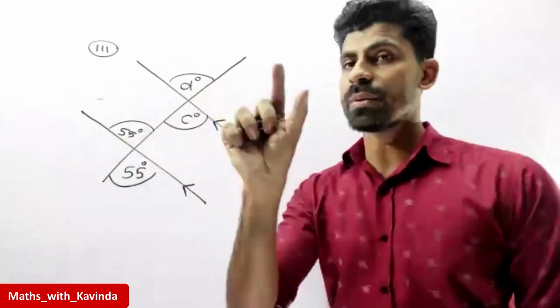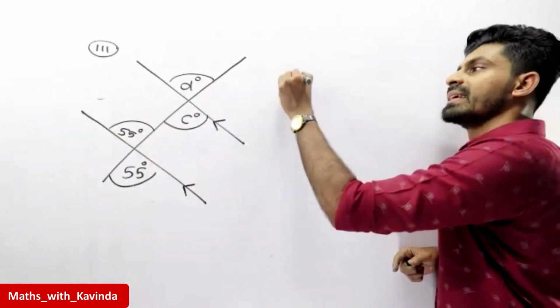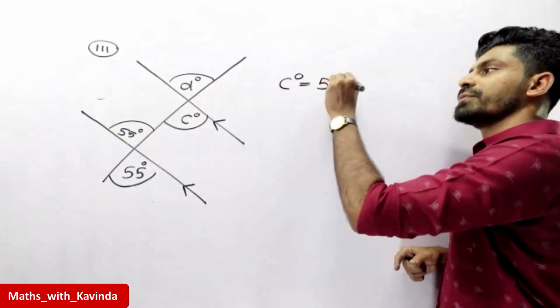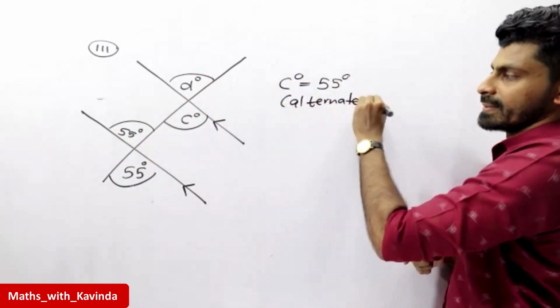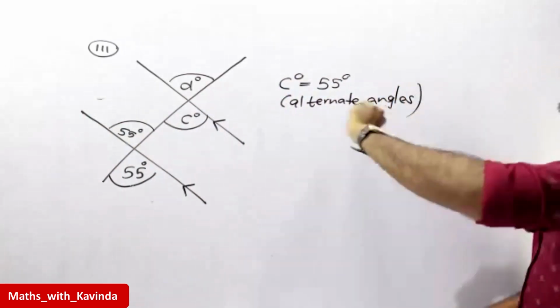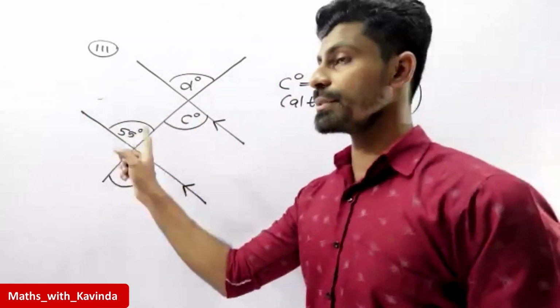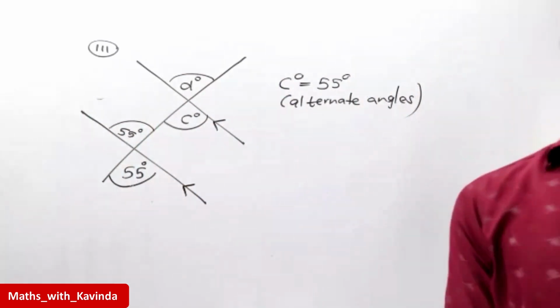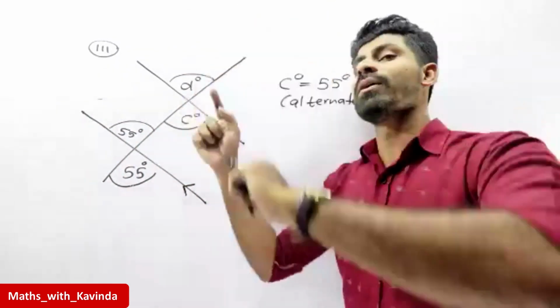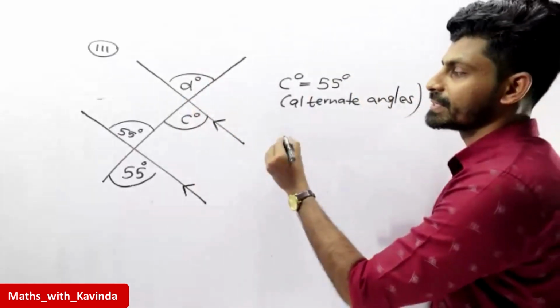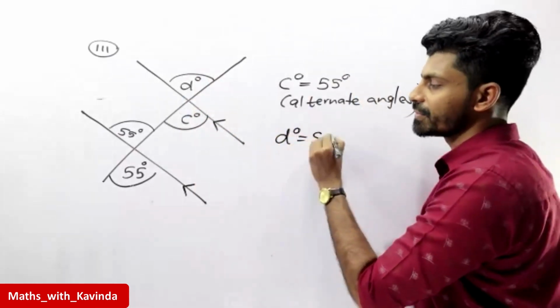That means C equals 55 by alternate angles. C is 55, so D is also 55.